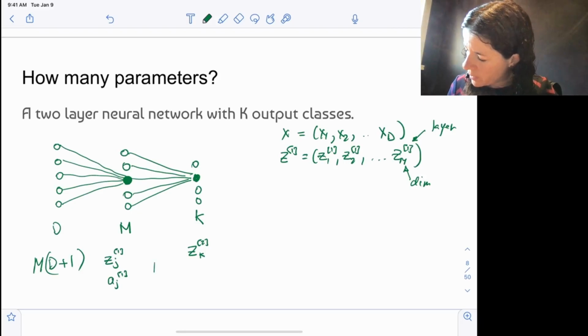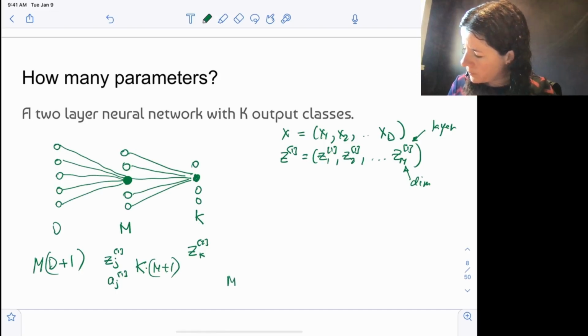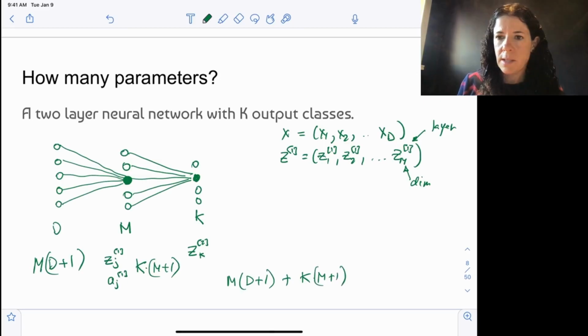So we're going to need m plus 1, but we have k of those, so we're going to have to compute this k times. So the sum of these two, m times (d plus 1) plus k times (m plus 1), that is the number of parameters we have in this case.